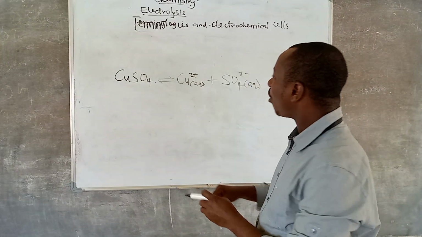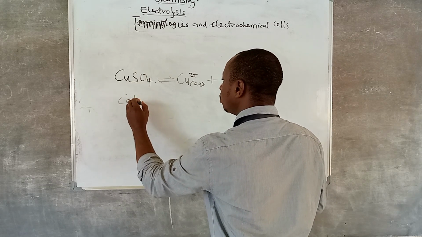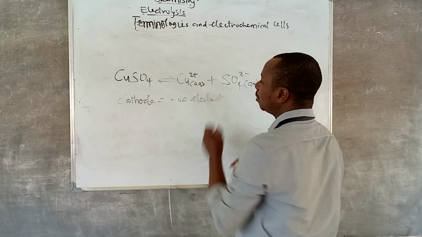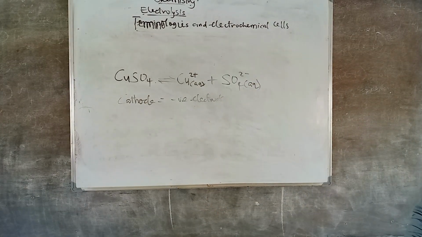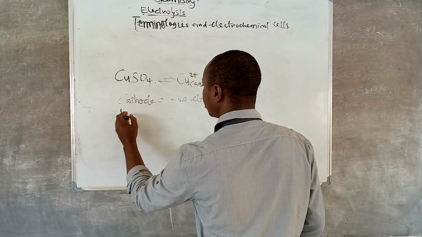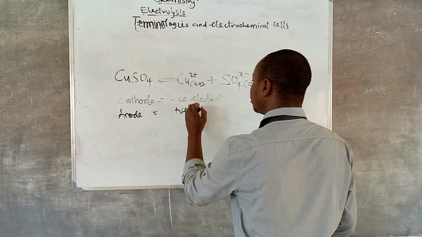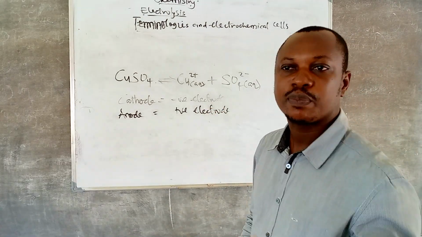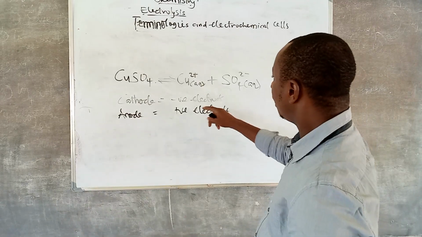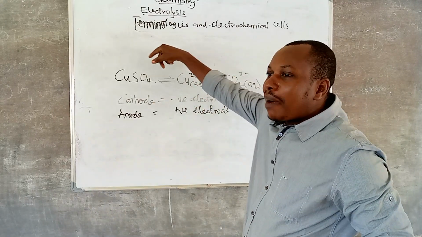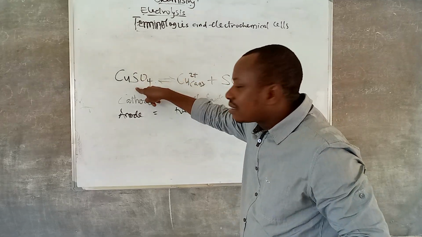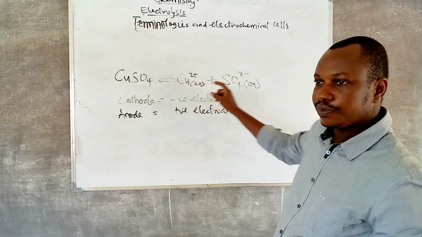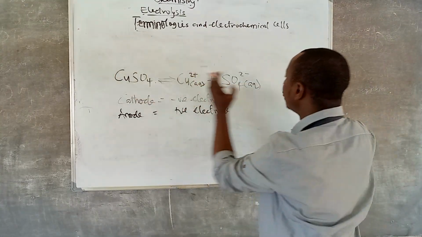Of which you know that I said that the cathode is the negative electrode, while the anode is the positive electrode. From what I have written now, when you pass a direct current into the solution of this compound and it is dissociated as follows, this one is positively charged, this is negatively charged.